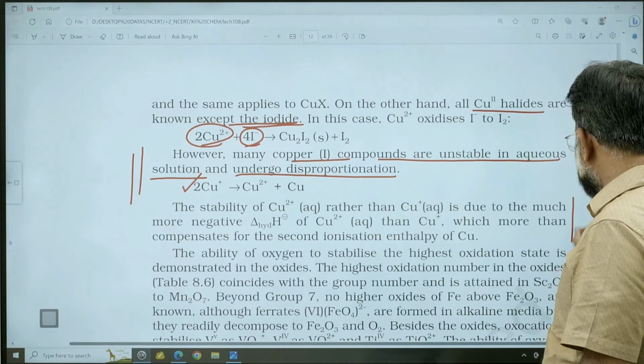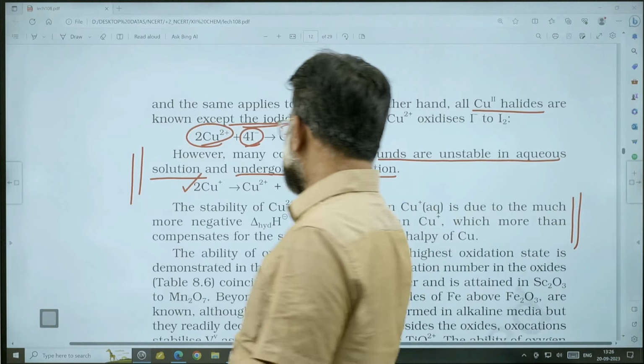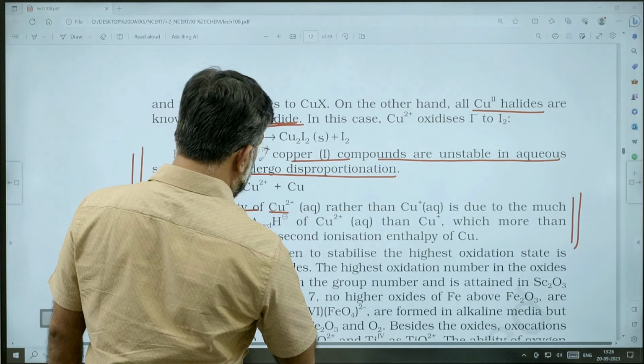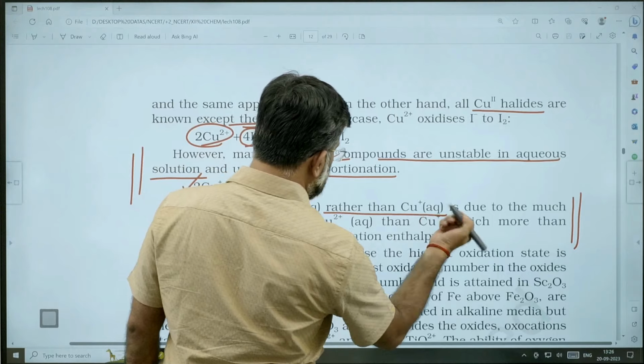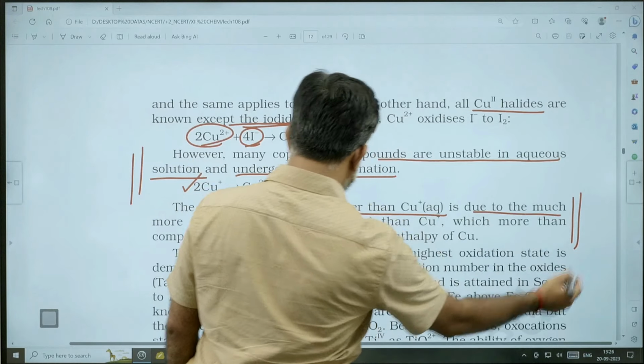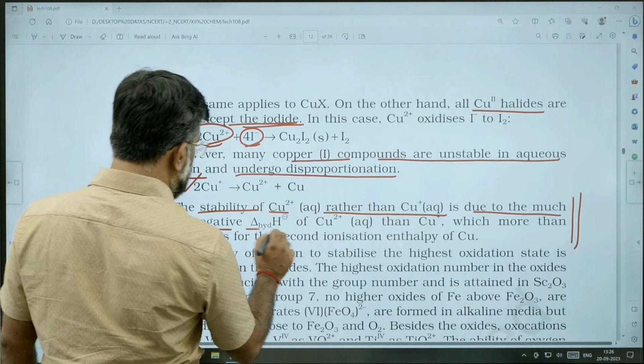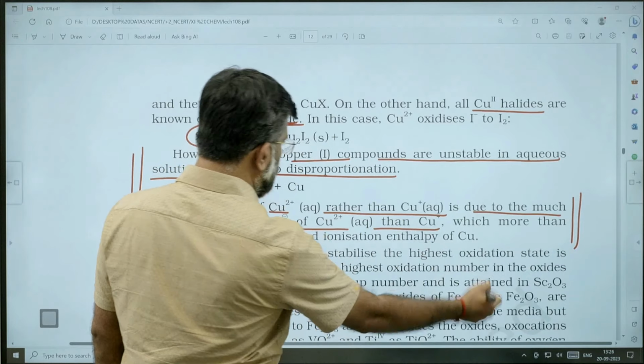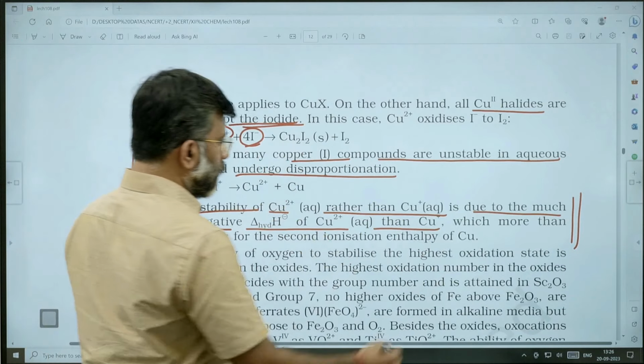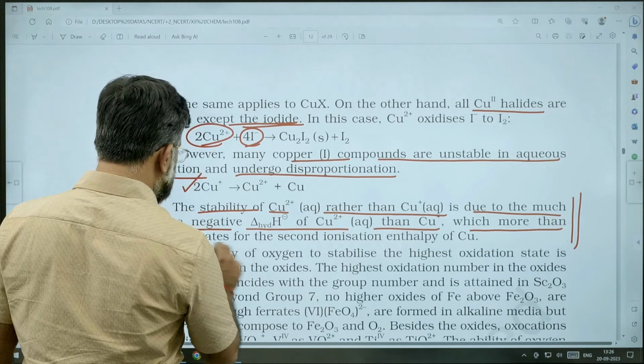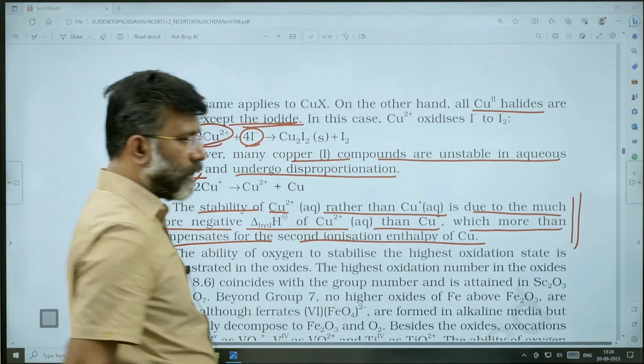And see this: the stability of Cu2+ rather than Cu+ is due to the much more negative hydration enthalpy of Cu2+ than Cu+, which more than compensates for the second ionization enthalpy of copper.